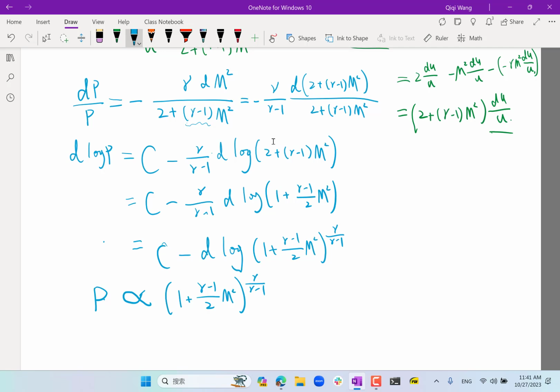This defines stagnation pressure because what we are looking at is the deceleration or acceleration of a fluid, not an infinitesimal acceleration or deceleration, but over an arbitrary length. The Mach number can go from 0 all the way to 100 or whatever range you want.